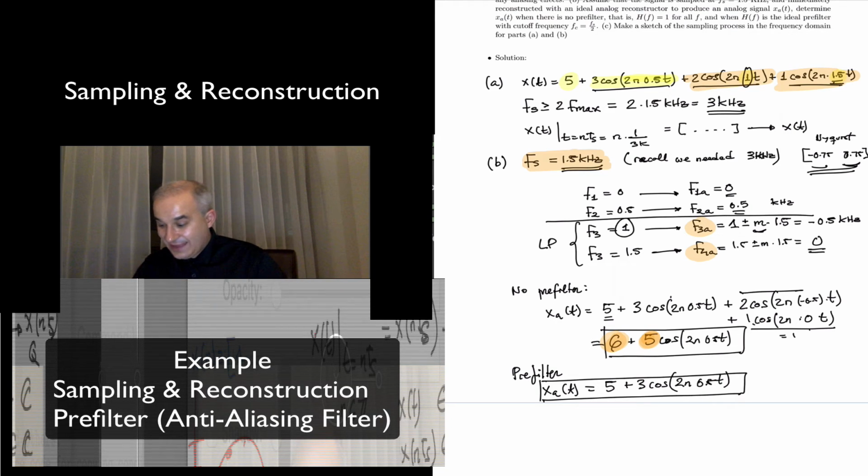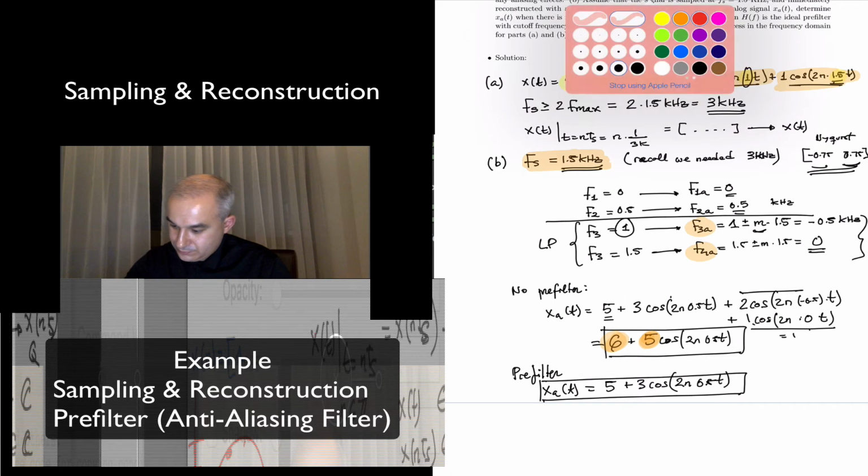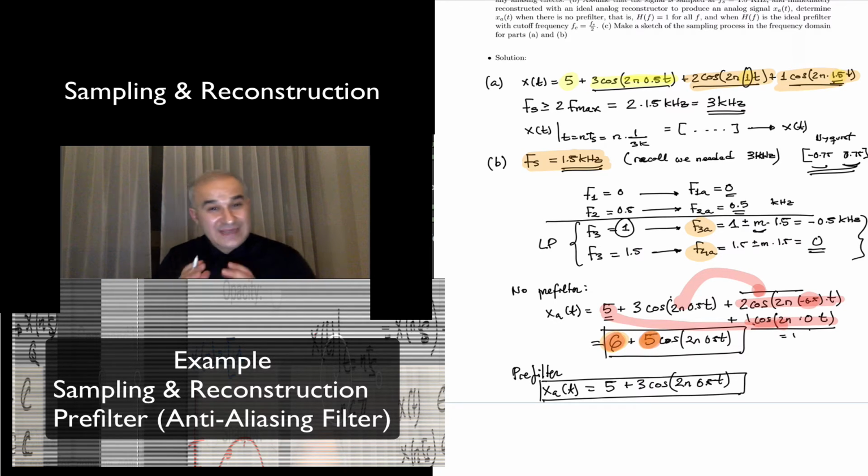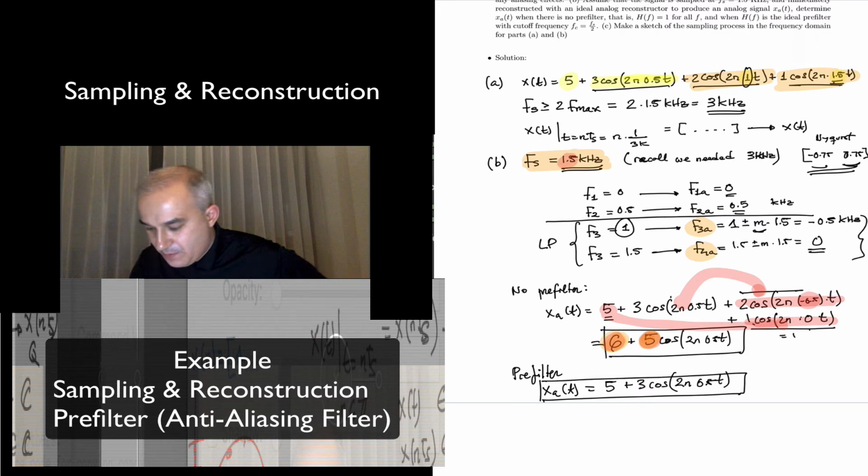Because you are not having aliasing signals, like you have here, these two, that distort back, like this 0.5 is going to distort this one, and this other one is going to distort this one. So if you're ever in a situation that because of your hardware, you have a maximum frequency that you can do, like in this case, imagine that it's 1.5 kilohertz, and you know that you have higher frequency components in your signal, you need to get rid of those prior to the analog to digital conversion.